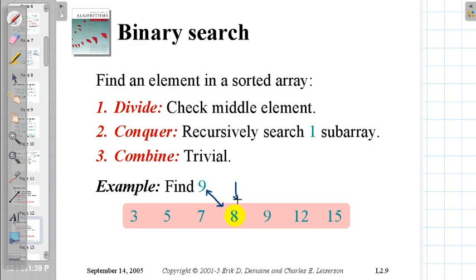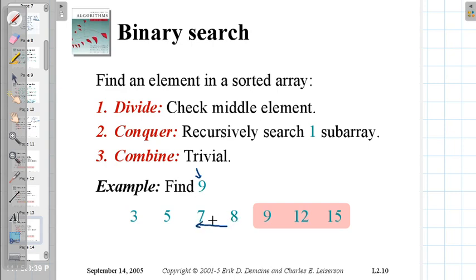Is it equal? No. And then what we got to do? We have to search in this sublist. Because we know that 9 is greater than 8, so all the elements which are coming here will be less than 8. So there is no point searching in this because we will never find this element here.